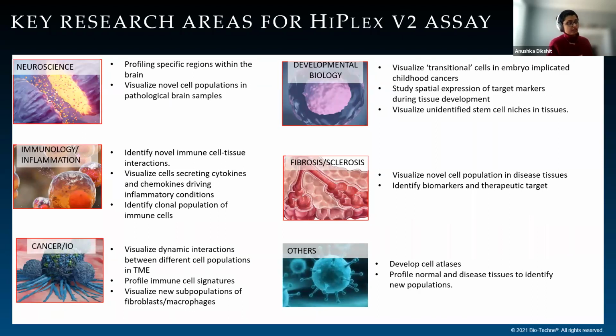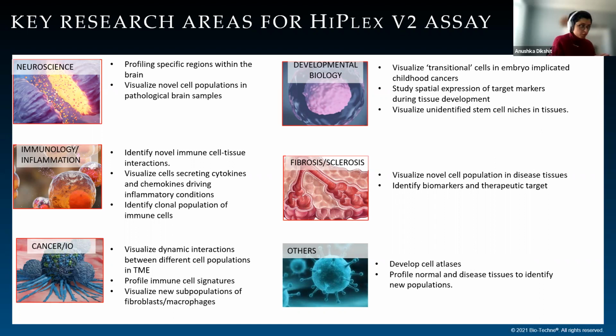For immunology or inflammation research, you can identify new immune cell subtypes. You can identify their activation states by looking at cytokine and chemokine expression, and so forth. For cancer and IO research, as you can imagine, you can study the gene expression in the dynamic tumor microenvironment, identify gene markers or gene signatures specific to certain cell types within the tumor microenvironment, and so forth.